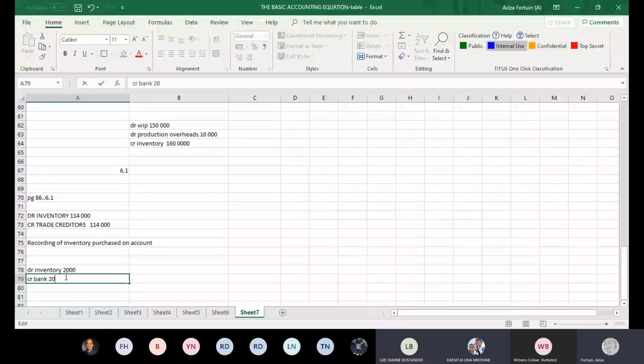Let's look at the next one: sales of inventory on account, and that was 23,000.